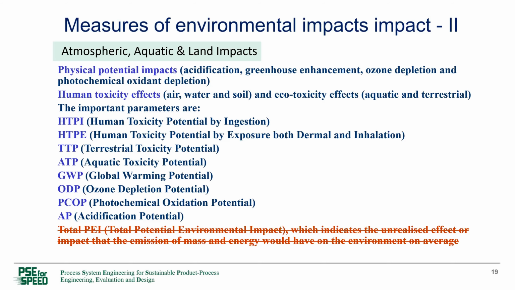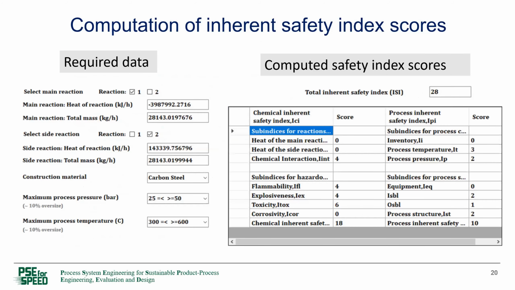And then safety, we have used the Dow Chemical Safety Index model, where on the left-hand side, you see the required data. We need to know the heat of reaction, the main reaction, the side reaction, total mass used, construction material, the pressure, the temperature. After that, according to the method, scores are given on the 2 columns.